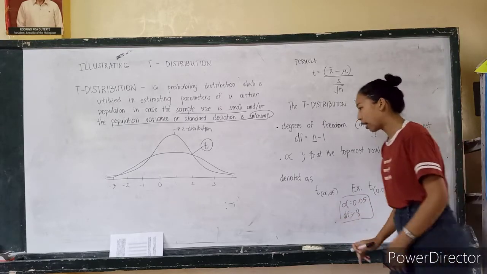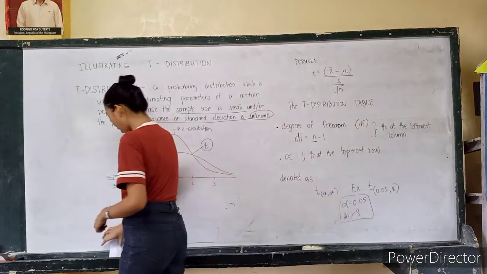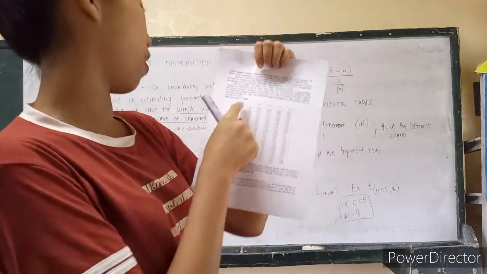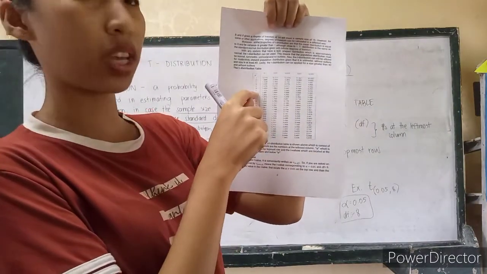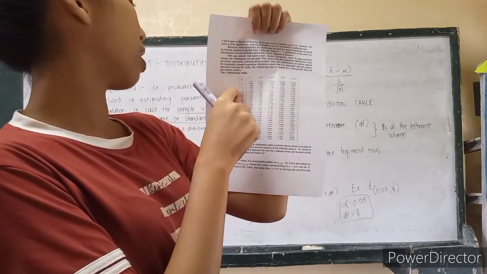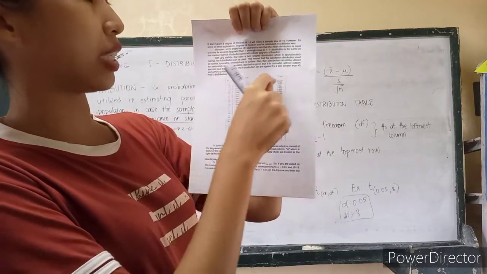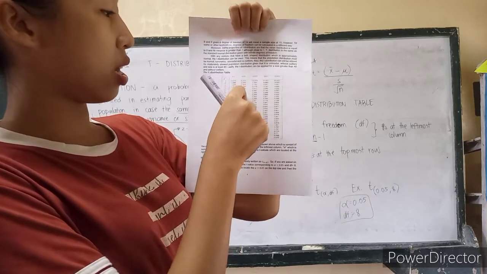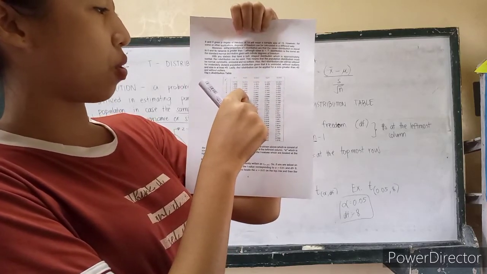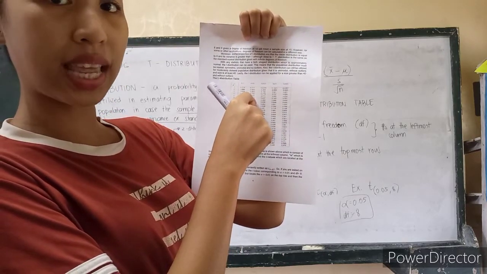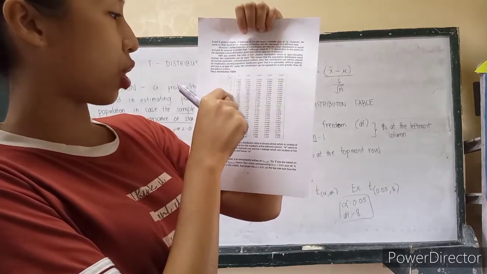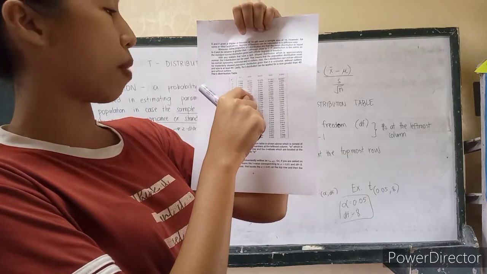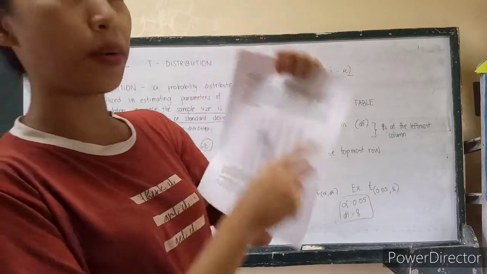Okay, clear? It is similar to your z table. First, locate DF. Our DF is 8, so you hold on to that row. Then look for 0.05 for alpha at the top, which is in the second column. Then look for the value at the intersection, or where they meet. So the answer is: the t value for t(0.05, 8) is equal to 1.860.